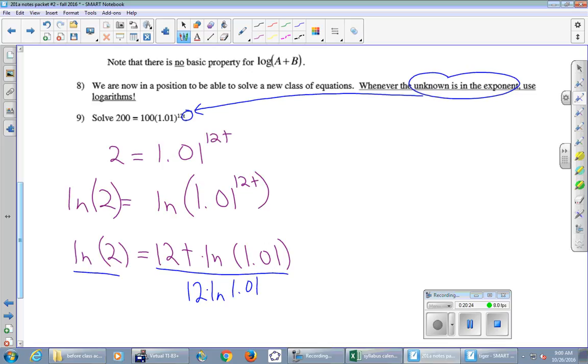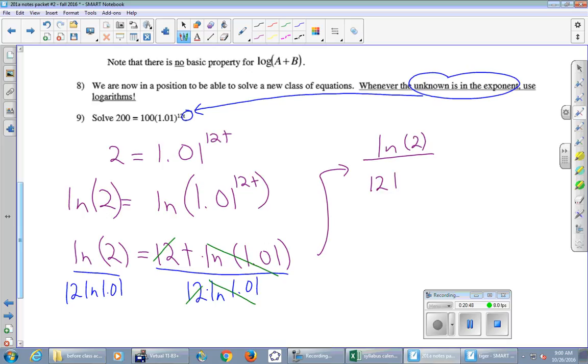That's all the stuff that needs to move away from the t. And so on the right-hand side, 12 cancels, ln cancels, and we just get t equals. Okay, so copying the left, ln of 2 over 12 ln of 1.01 equals t.